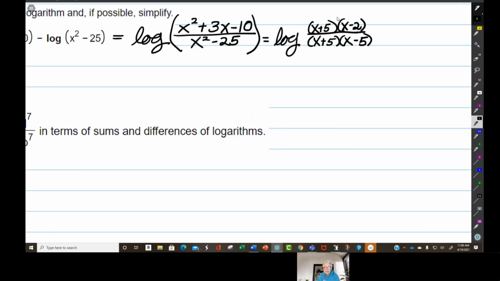The x plus 5's cancel out, leaving you with log of x minus 2 over x minus 5. And that's that.